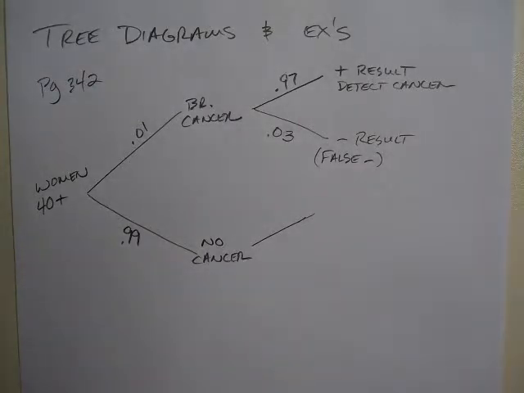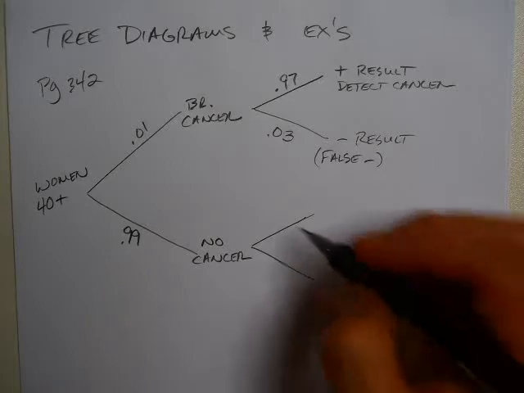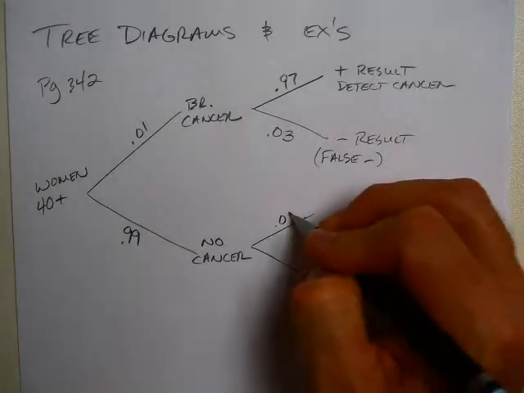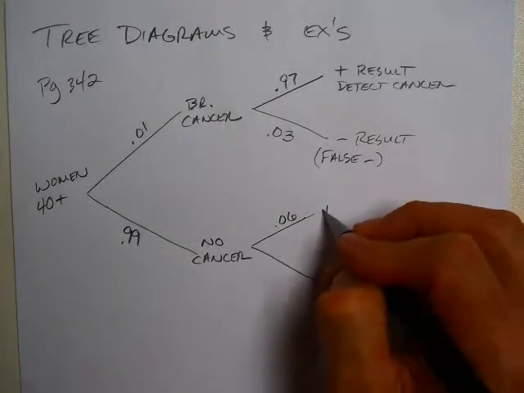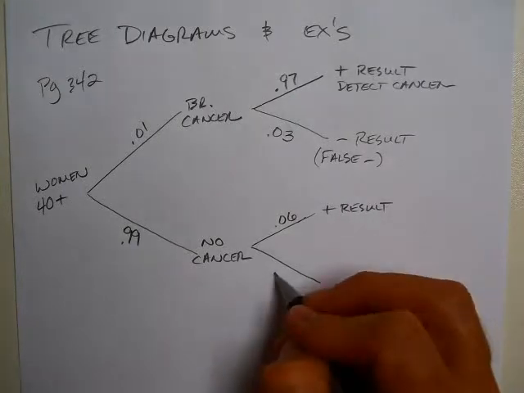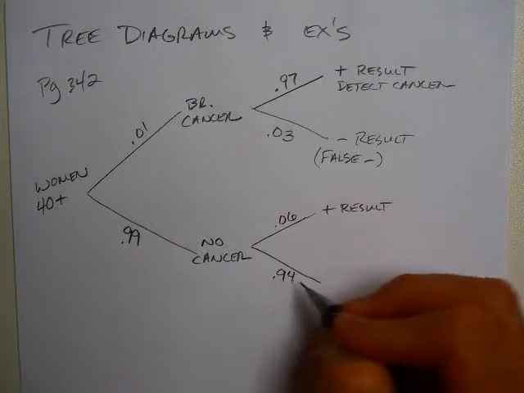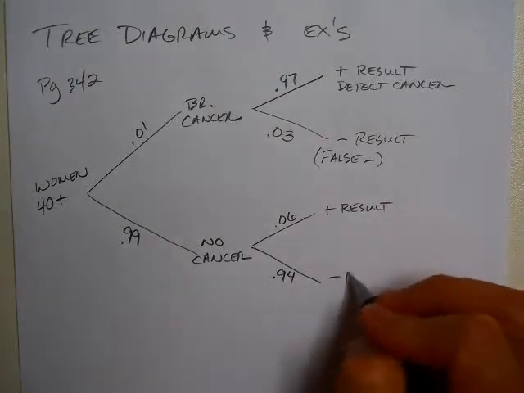Now, if you don't have cancer, there is also a possibility that the test will tell you you do. And if you don't have cancer, there's a better chance that the test will be accurate as a negative result.